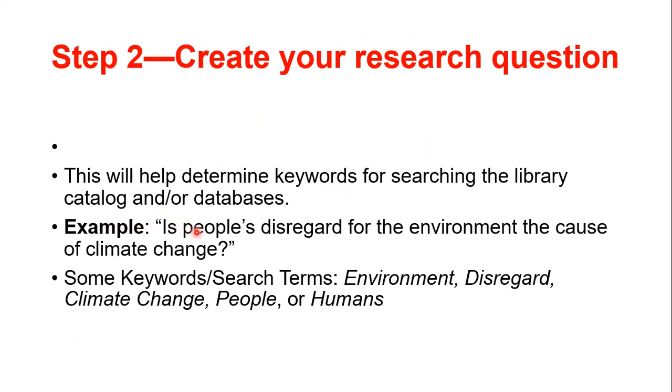Example, is people's disregard for the environment the cause of climate change? Statement wrong. Clear? Is the disregard of the people the cause of climate change? Clear? And then in online searching, environment, disregard, climate change, people, or human, they are the keywords. By these keywords, you can search the books, their titles.